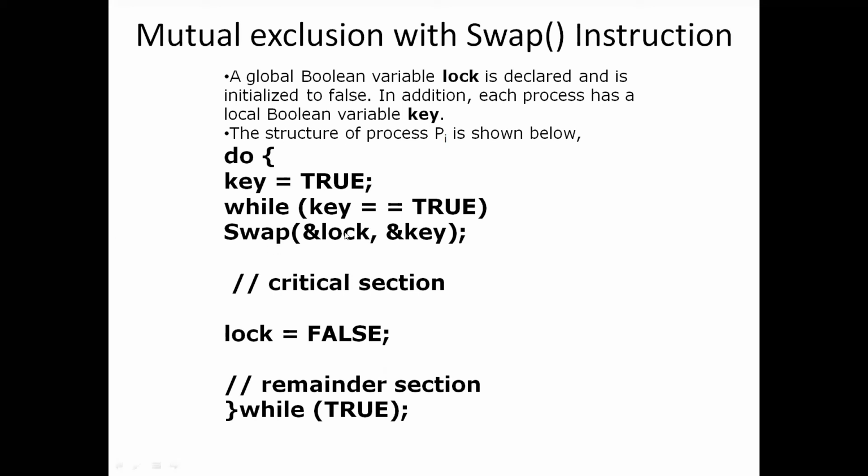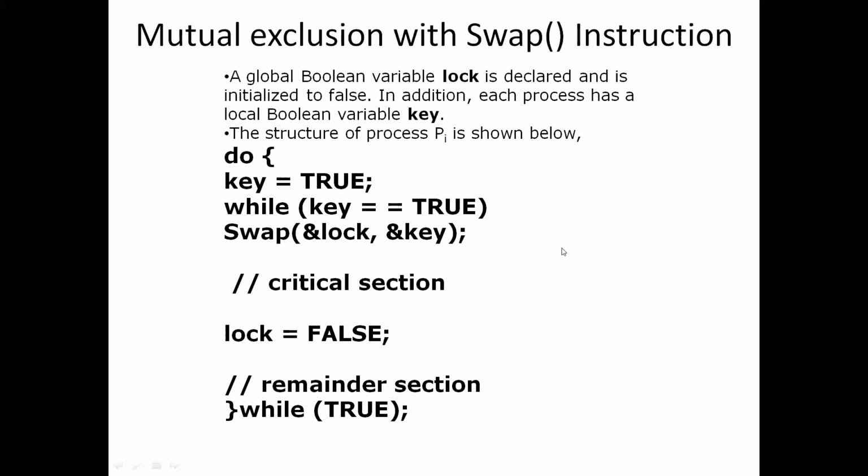At that time lock is having false and key will be having true. After executing the swap instruction, it will swap the values. Lock will hold true and key will hold false. At that time key is not equal to true, so the while condition is false, and that process can enter the critical section.